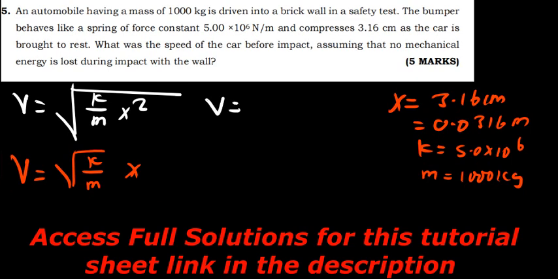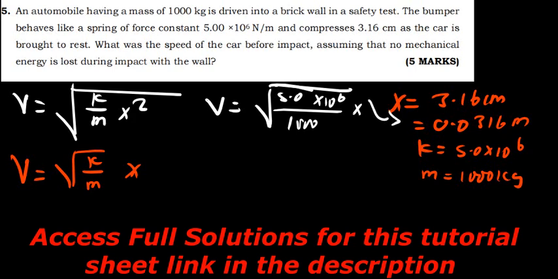v is equal to, the k value is 5.0 times 10 raised to the power 6. I divide that by the mass, which is 1000. Then times the x value, which is this. Since I don't have space there, v will be equal to 5.00 exponent 6 divided by 1000.